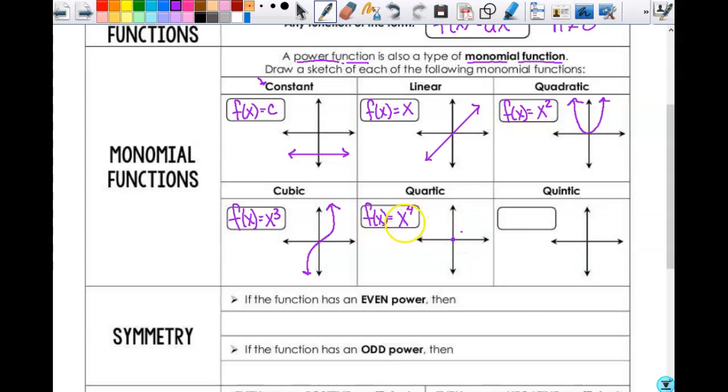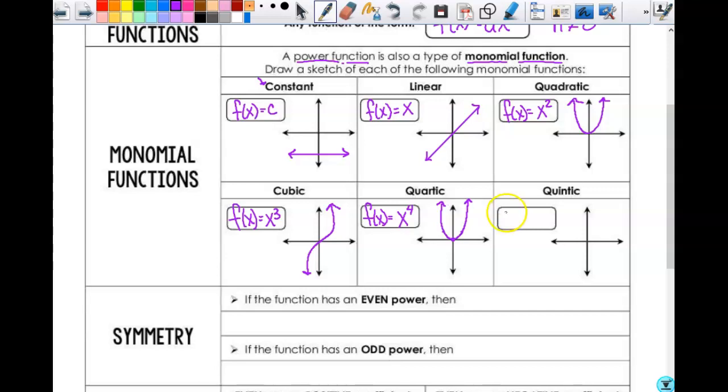Negative 1 to the fourth is positive 1. And when you do the 2, you're going to get positive and positive. So when you sketch the quartic, it doesn't look any different than the quadratic, because if you don't have any scale, it looks like a quadratic.